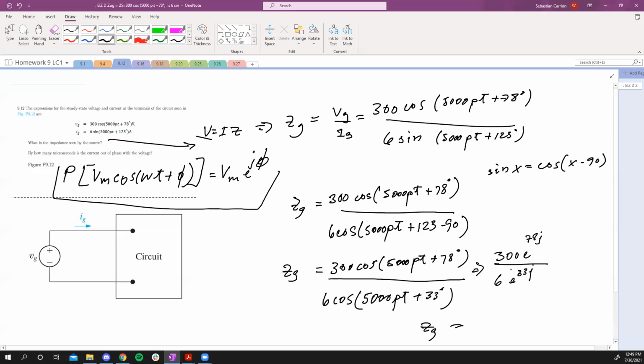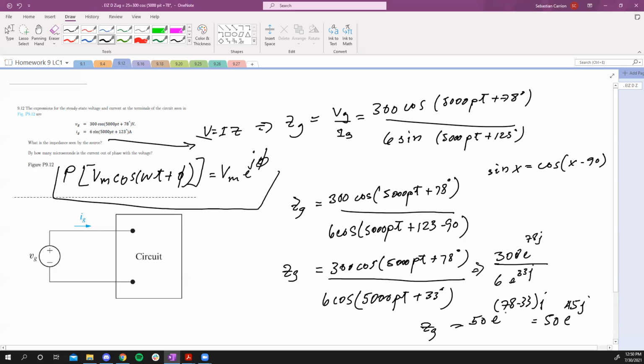So then, yeah, 300 over 6 would be 50. 50 e to the (78 minus 33)j, and that would be, I think, 45. Yeah, 45j. Okay.